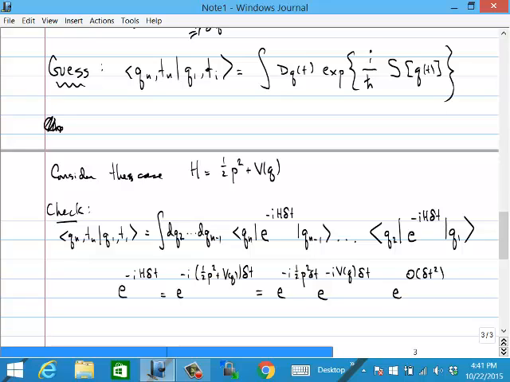So what I'm using here is a famous formula known as the Campbell-Baker-Hausdorff formula, which says that e to the sum of two operators is e to the first operator times e to the second operator times something that involves the commutator of those operators.